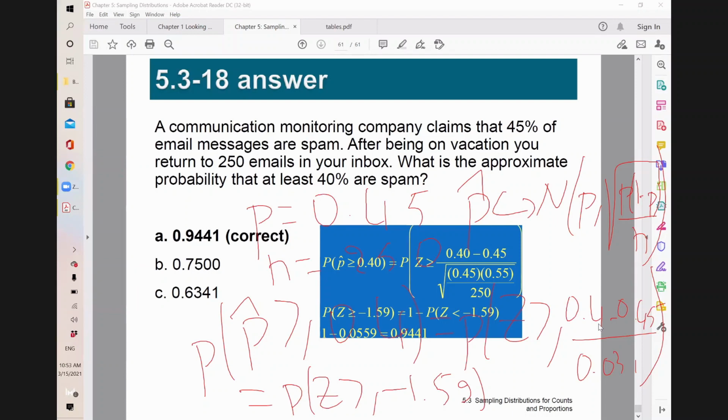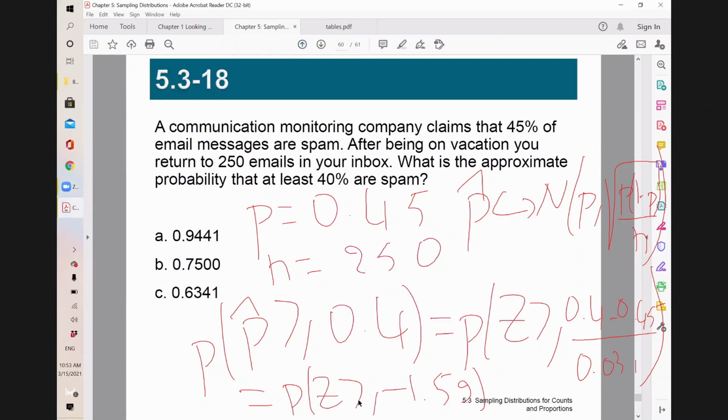We can evaluate it thanks to the normal distribution table. Any question at this level before we move on?